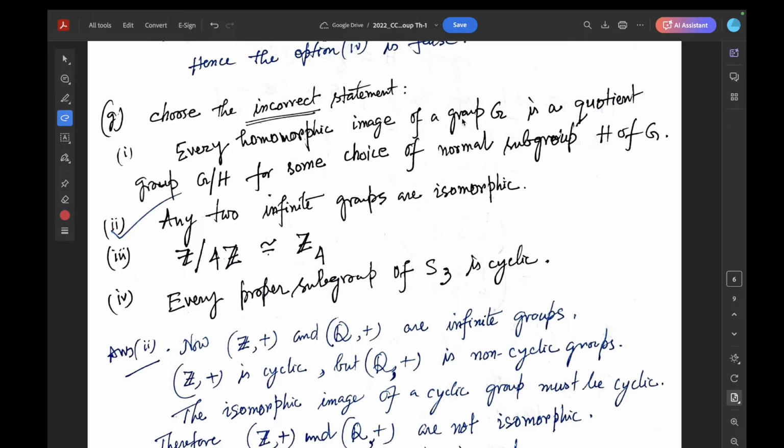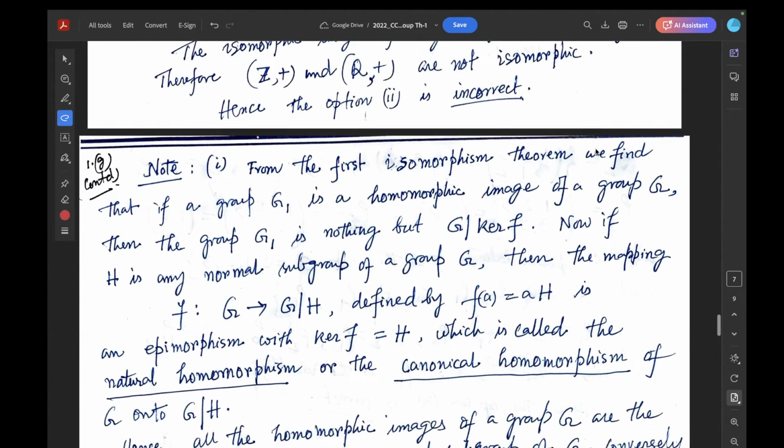Every homomorphic image of a group G is a quotient group G by H for some choice of normal subgroup H of G. This is a correct statement because from the first isomorphism theorem, if a group G1 is a homomorphic image of a group G, then G1 is nothing but G by the kernel of f.